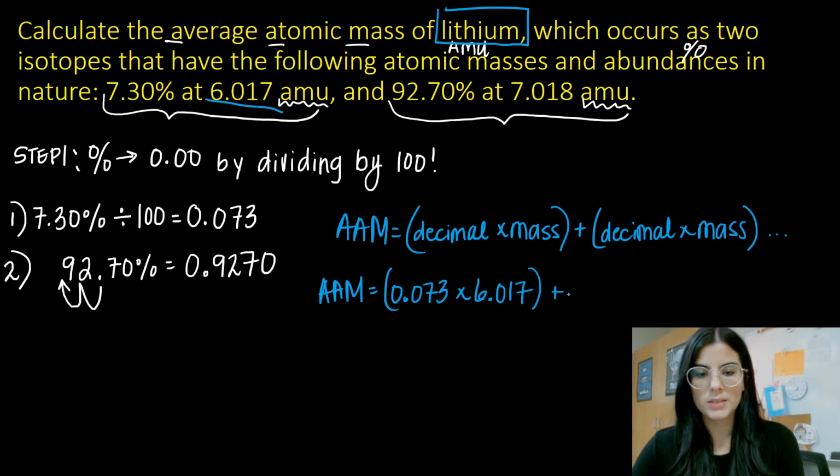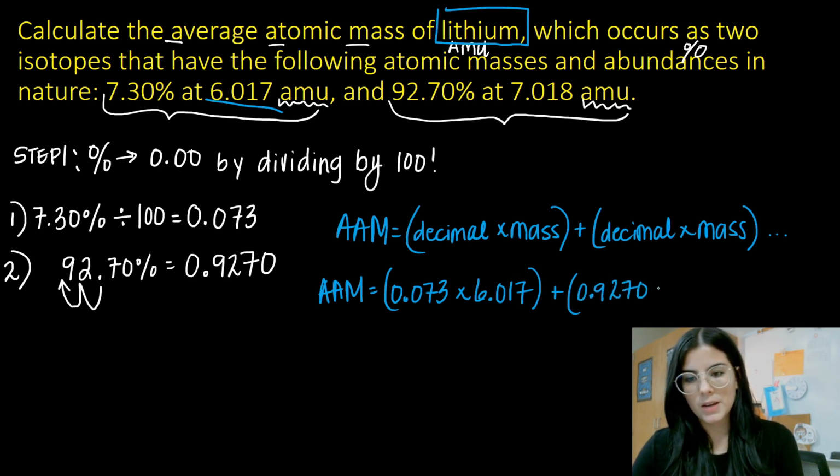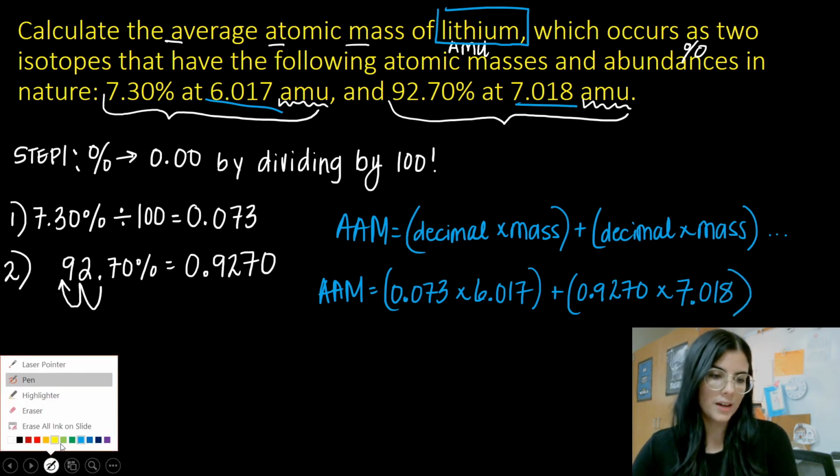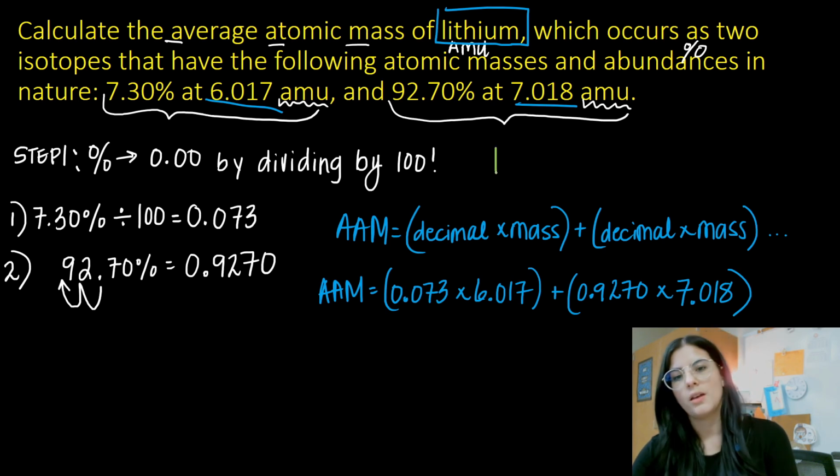All right, plus our second decimal, which is 0.9270 times the mass right here, 7.018. Okay, and I'm sure y'all love and remember fondly PEMDAS.